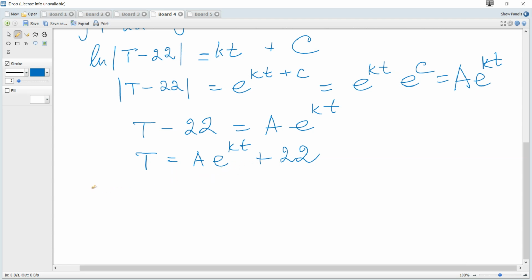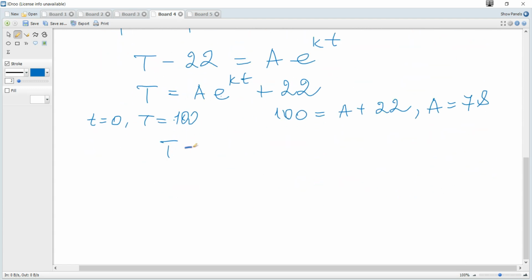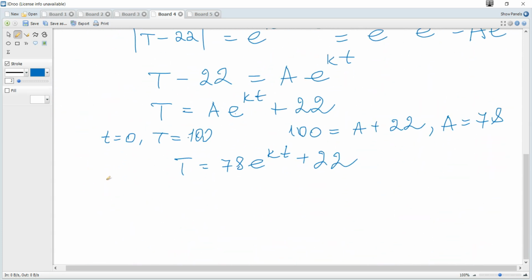When t is 0, the temperature is 100, so 100 is A, but e to the power of 0 is 1, so it becomes A plus 22. So A is what? 78. Correct. Hence it becomes T is 78 e to the power of kt plus 22, and another point is (15, 70).